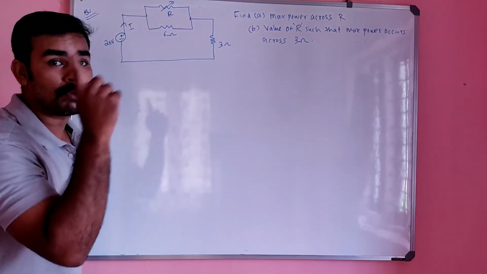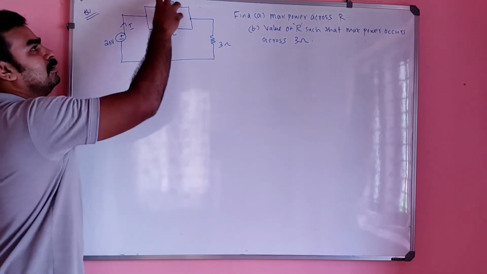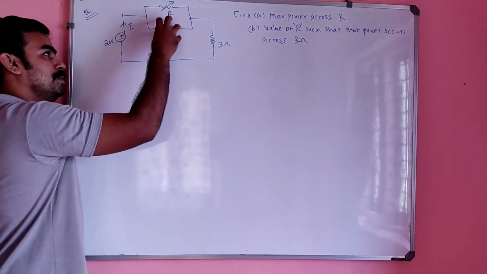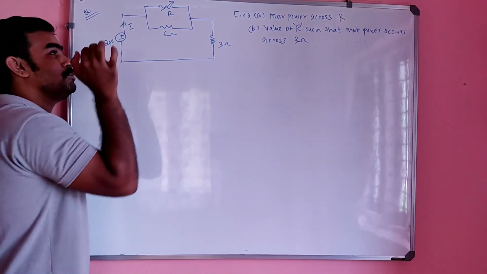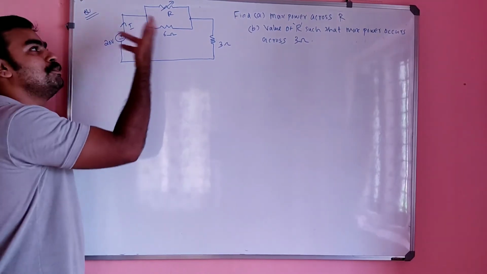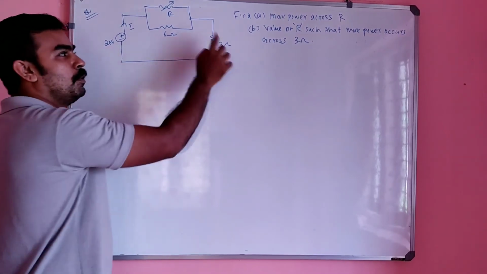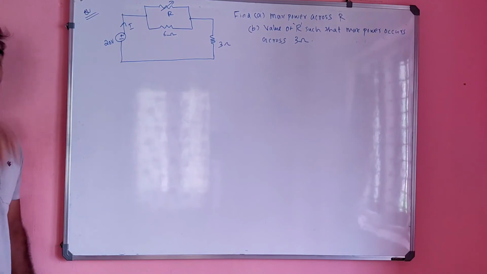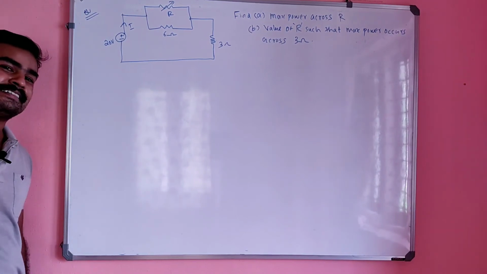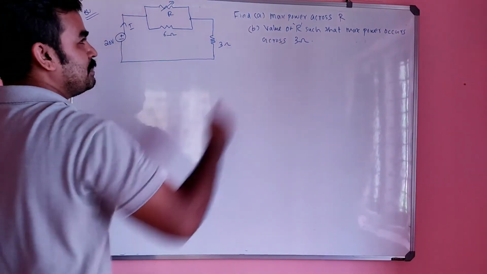It's wrong. Sometimes there may be a load here also. It's my convenience, my wish, where I place my load. It need not be all the time at one side. That you have to check. Is it clear?